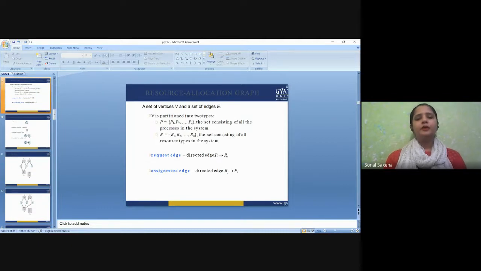Now, one important thing here, to practically see how the systems are working out and what the chances are of getting the system inside a deadlock, is the resource allocation graph.